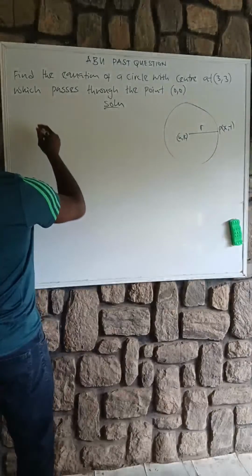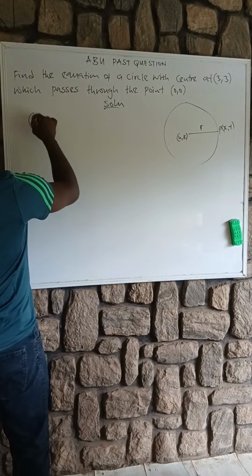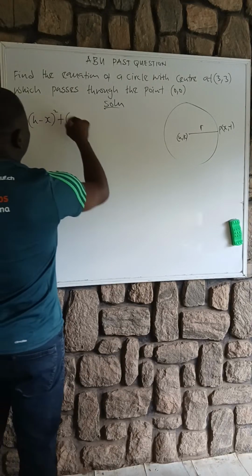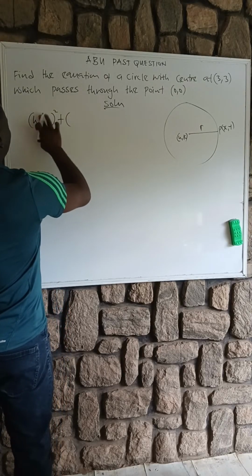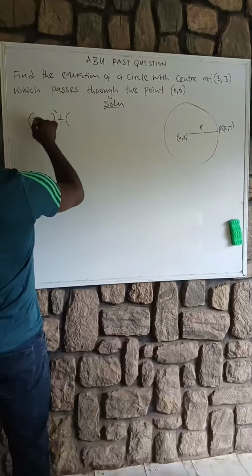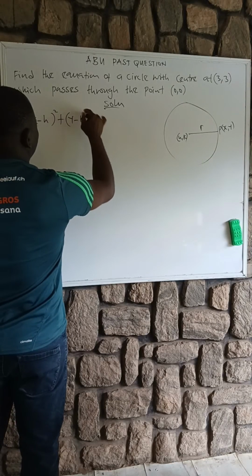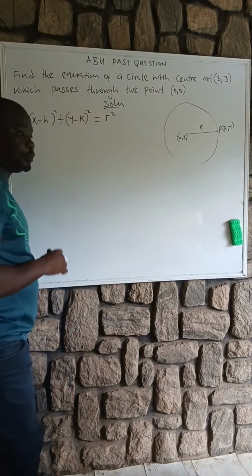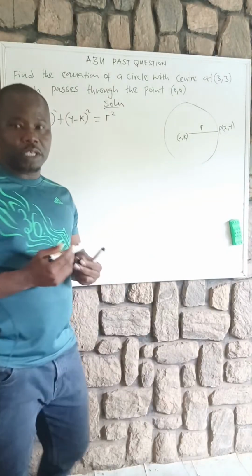So this implies that (x minus h) all squared plus (y minus k) all squared equals r squared.